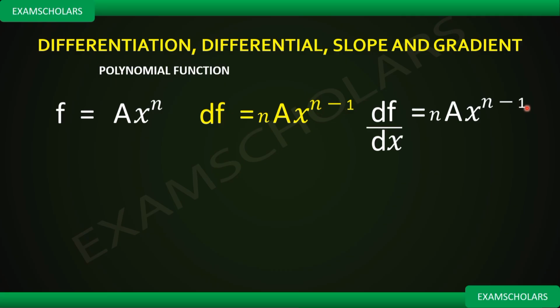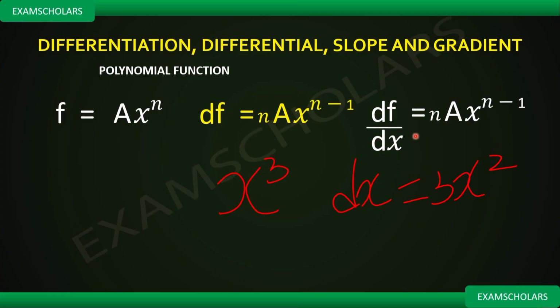So when you have this type of expression, which is for a polynomial function, you bring this n back, you subtract 1 from n. So if the original function is x squared, when you differentiate it, it will now become what? x. If the original function is x raised to power 3, when you differentiate it, it becomes what? x raised to power 2. Finally, you have this expression.